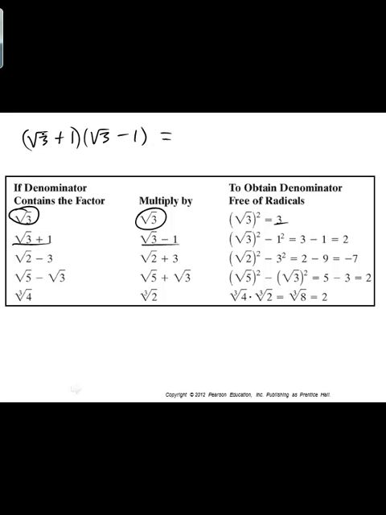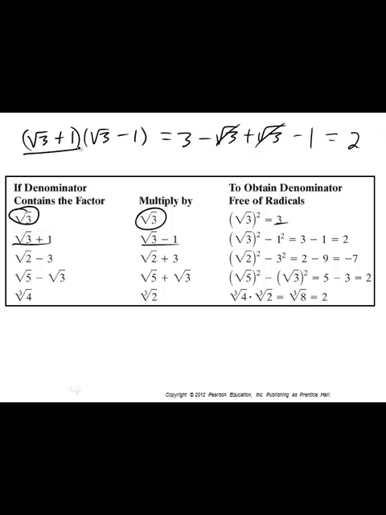I said cube root of 3, I should say square root of 3. And when you multiply this out, you FOIL it out: square root of 3 times square root of 3 is 3. 3 times negative 1 is negative root 3, plus 1 times root 3. 1 times negative 1 is negative 1. And of course, the radicals disappear, leaving you with 3 minus 1, which is 2.